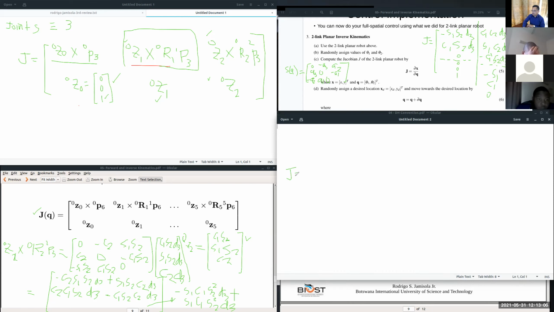Your Jacobian will be, let's start from there so that you can see it clearly: minus S1 S2 D3, C1 S2 D3, 0, then 0, 0, and 1. Okay, I'm just writing this separation so you can see it clearly.